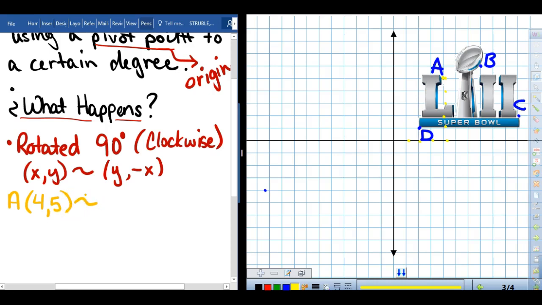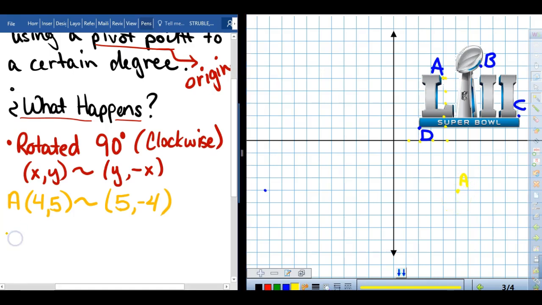So when I rotate this letter A, or this figure, 90 degrees clockwise, letter A is going to change from 4, 5 to, well, what once was y is now x. So the y changes to the x position, and the x, its opposite, changes to the y position. So it changes to 5, negative 4. And we come back over here, 5, negative 4, so it drops down and it'll go right there. Okay, that's going to be our new A location.